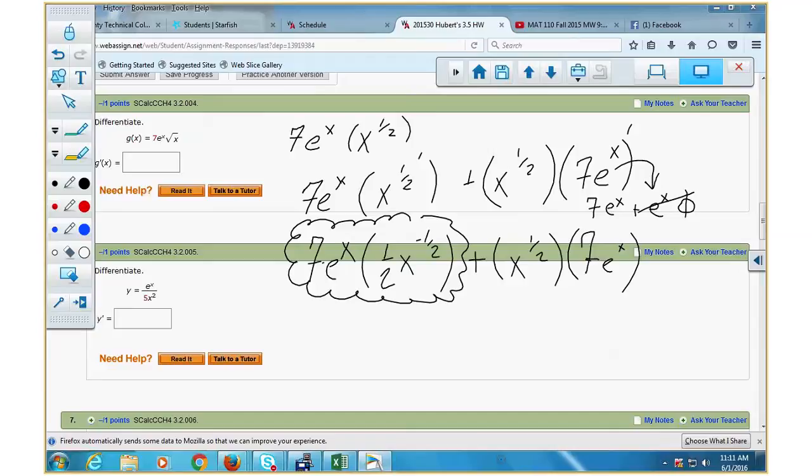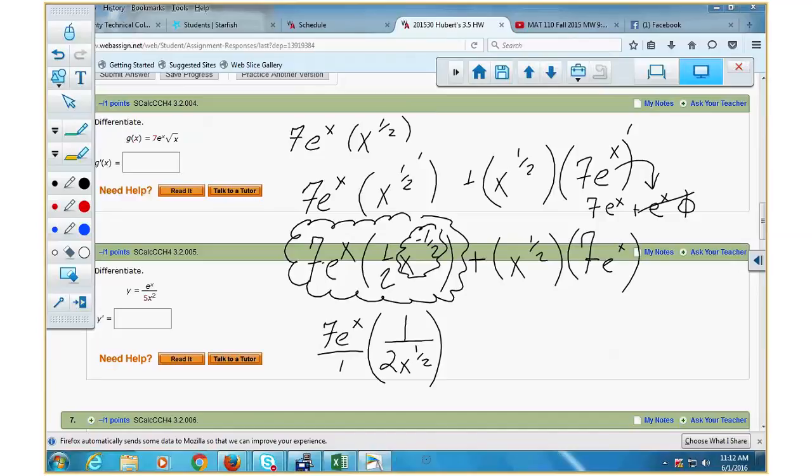So what I would do first is take care of this. So 7e to the x over 1, because that's a constant. I'm going to put it over 1 because this is going to be a fraction. And this is x to the negative 1/2 over 2, so I'm going to bring this downstairs, and that's going to make it 1 over 2x to the 1/2. That's that.